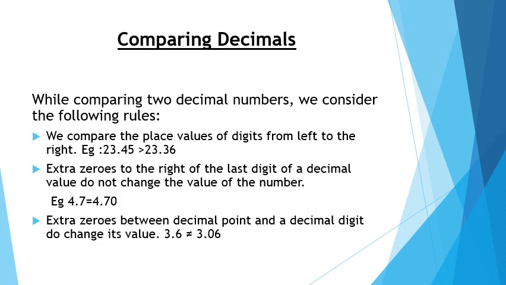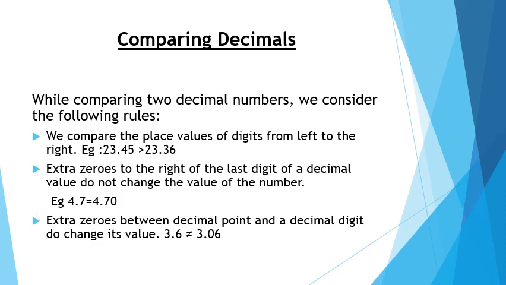But when we come to the decimal positions, we see that the left number has 4 as the 10th position, and the right has 3 as the 10th position. So here we can conclude that 23.45 is greater than 23.36.